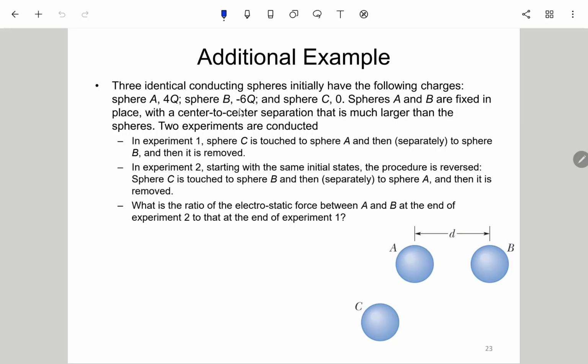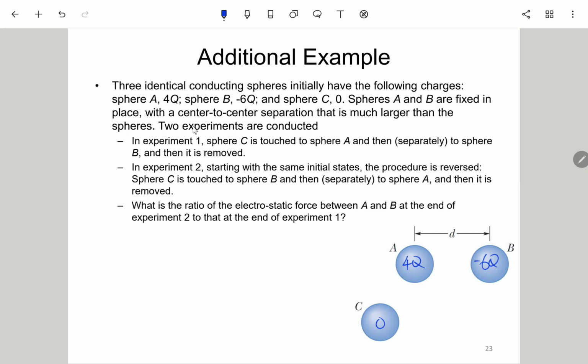Sphere A, 4Q, sphere B, negative 6Q, and sphere C, 0. Let me write it down. Spheres A and B are fixed in place, they cannot move, with a center-to-center separation that is much larger than the spheres.